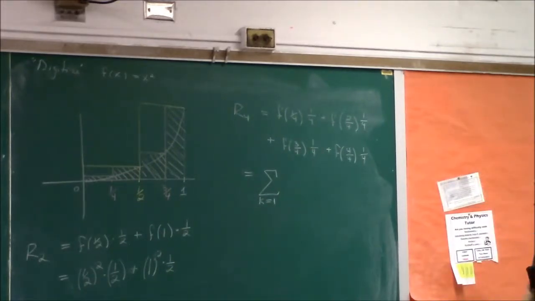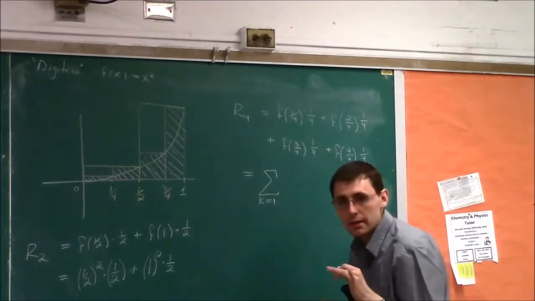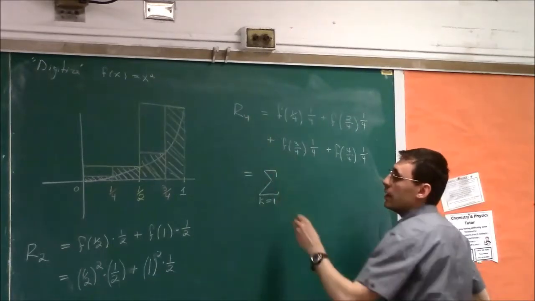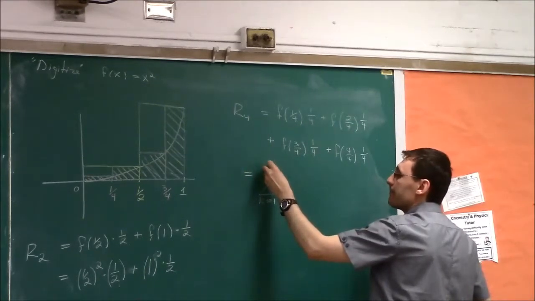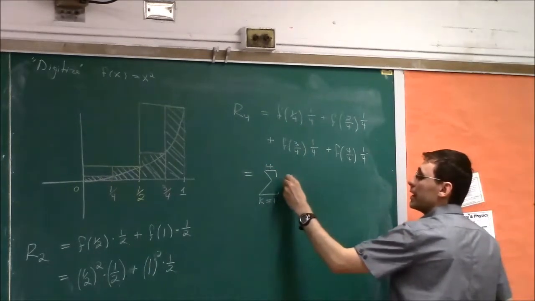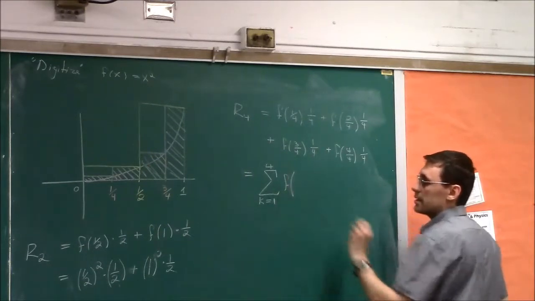How many rectangles? What's the last term here? 4. In general, n, right? We are going to modify it in a moment. But in this case, for R sub 4, this is going to be 4. And here we have the function f, which is x squared, but that's in a moment.